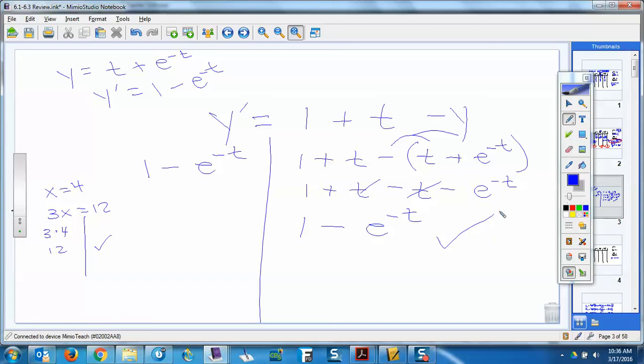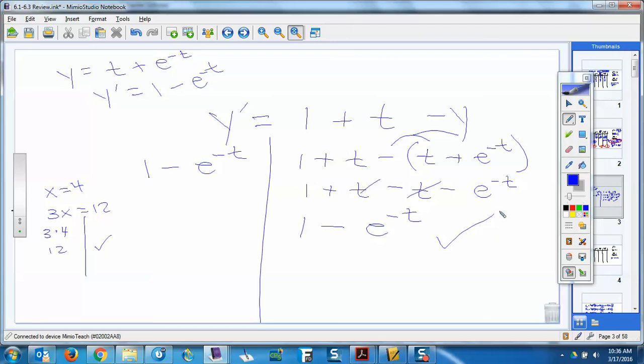So this is your proposed solution right here. They want you to show that that is the original function. So you plug that in for y, then plug the derivative of that in for the y prime, and then just show that the two sides are the same. That's it.